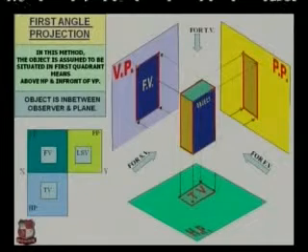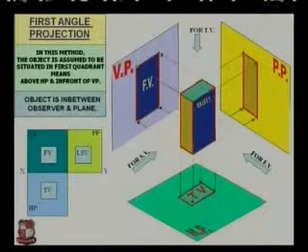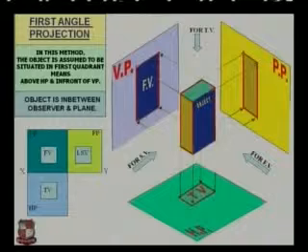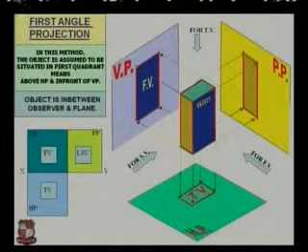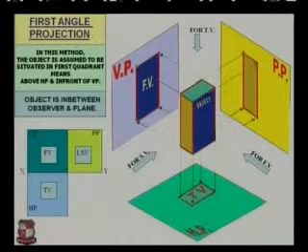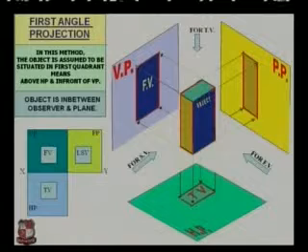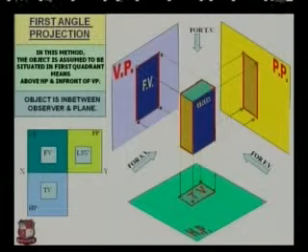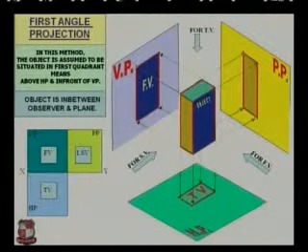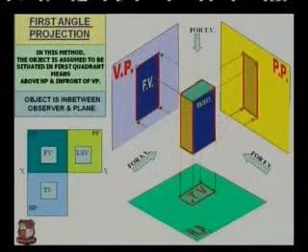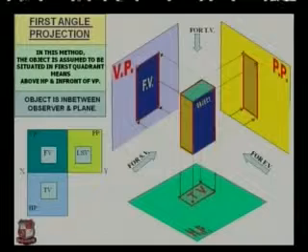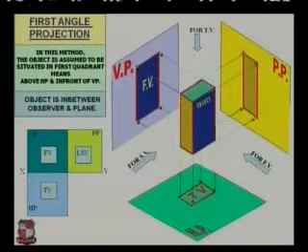Now, by the same procedure, if you want to draw the left hand side view, then the profile plane should be kept perpendicular to the vertical plane and perpendicular to the horizontal plane, and when the observer sees the side view of the object, the projection of this side view will be projected on the profile plane, as we can see in the figure.